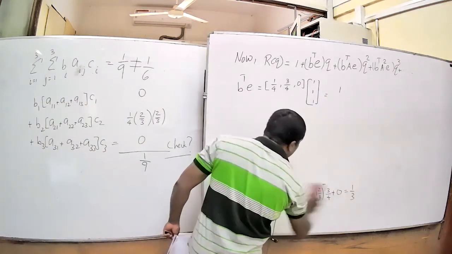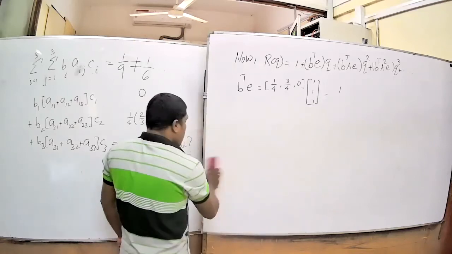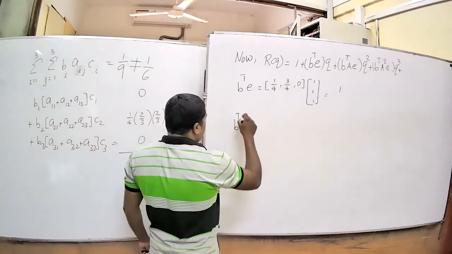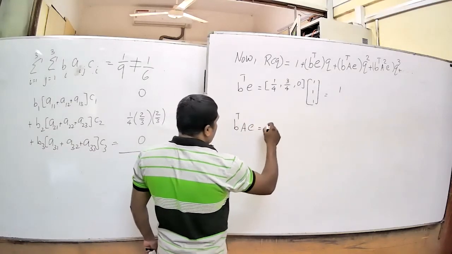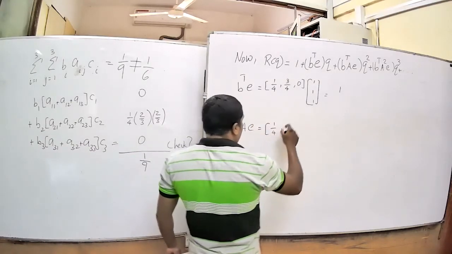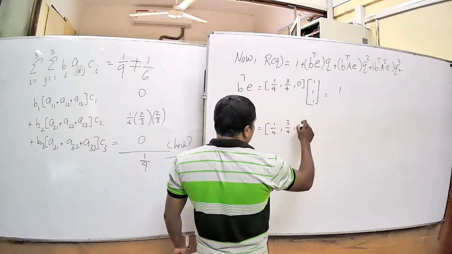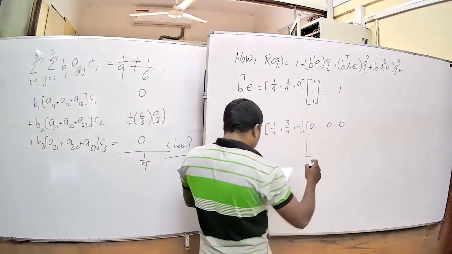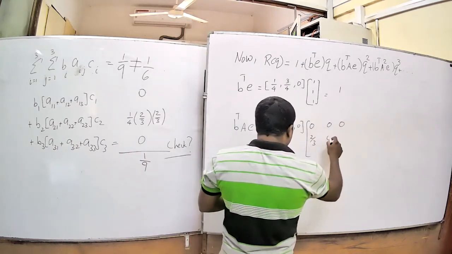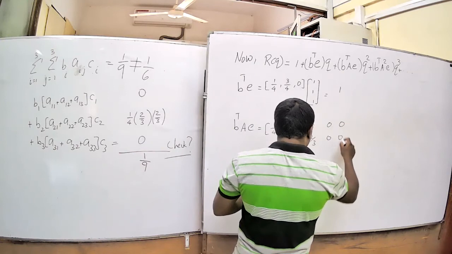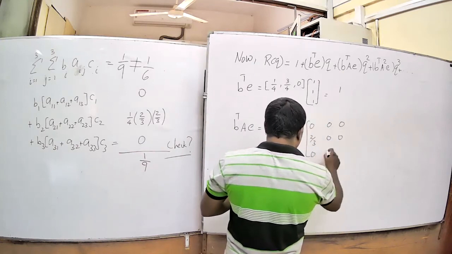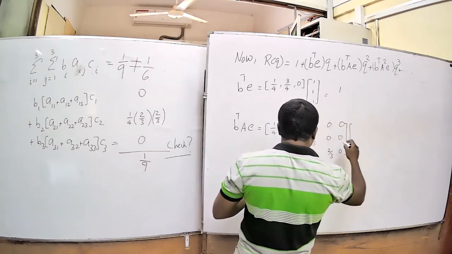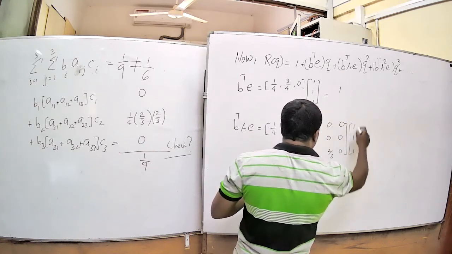And then you find the others. B transpose AE. A is 0 0 0, 2/3 0 0, 0 2/3 0. E is this 1 1 1.